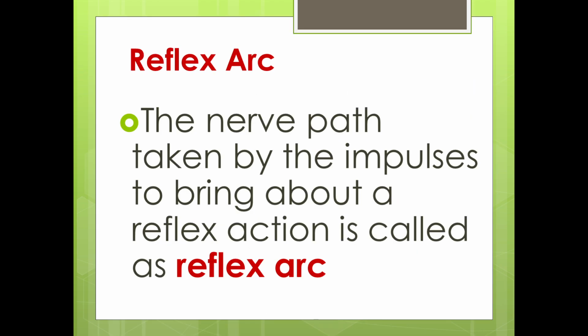The reflex arc is the nerve path taken by impulses to bring about a reflex action. The nerve path taken by the impulses, the signals or the messages, to bring about a reflex action is called the reflex arc. What you see here is the reflex arc. The receptor, the skin, receives the impulse.